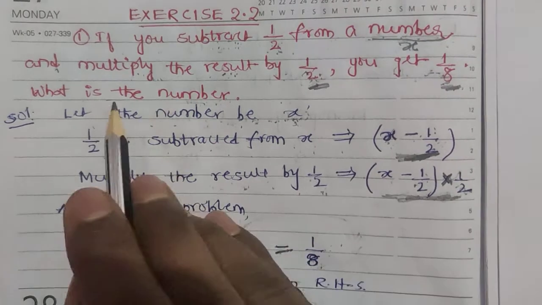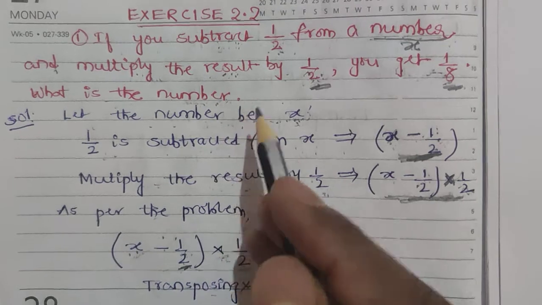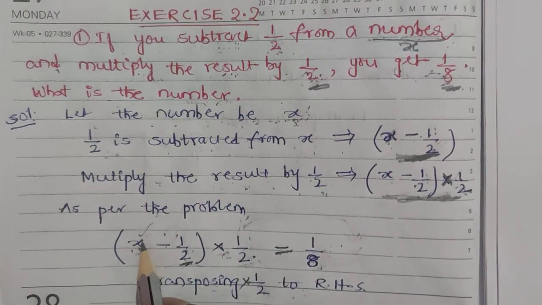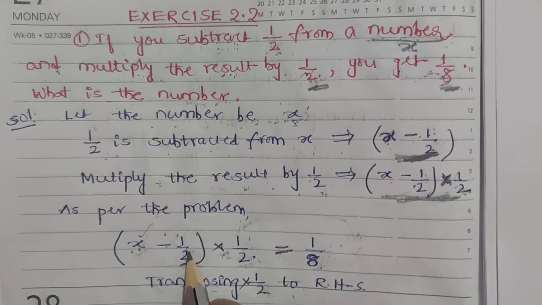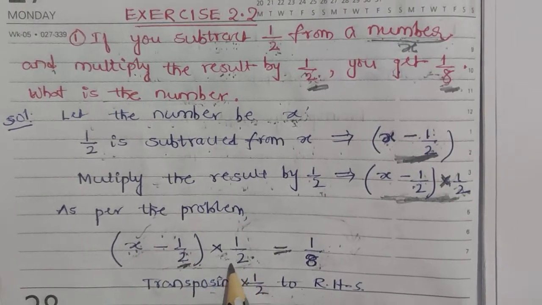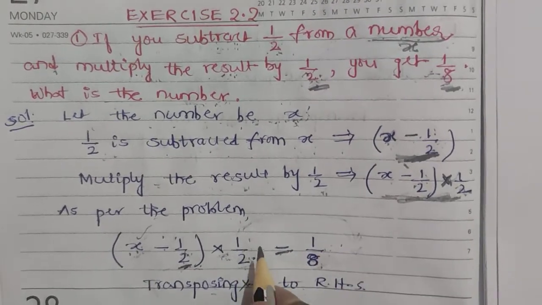Now if you want to find out the number, that means solving for x as per our exercise number 2.1. We want to find only the x value. We don't want this minus 1/2 and into 1/2. These two are to be transposed to the right hand side. But which is to be transposed first, you should know.